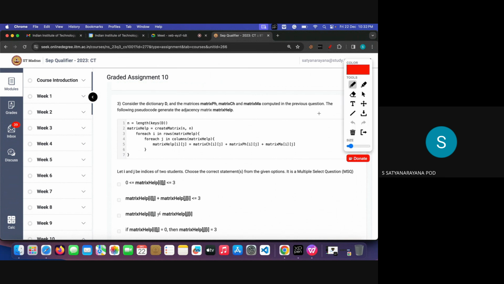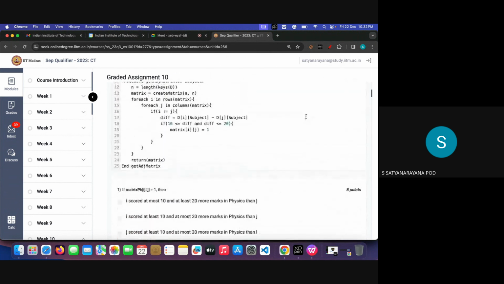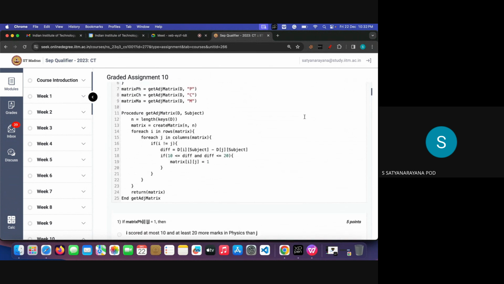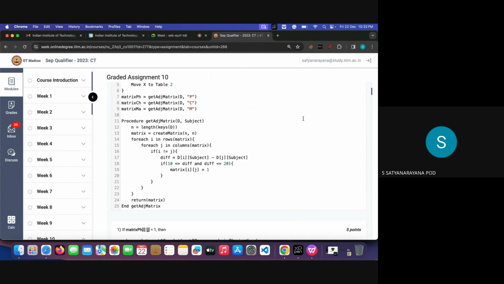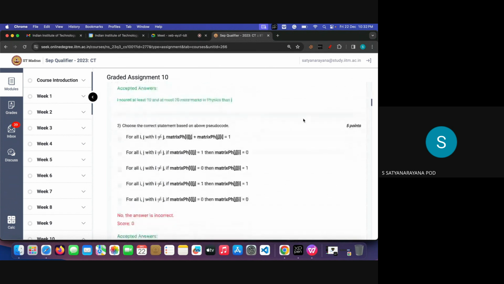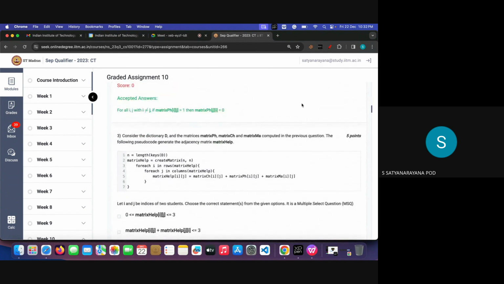What they are trying to do is take the matrix of physics, the matrix of maths, the adjacency matrices, and add them. So matrix help is getting the combination of three things.